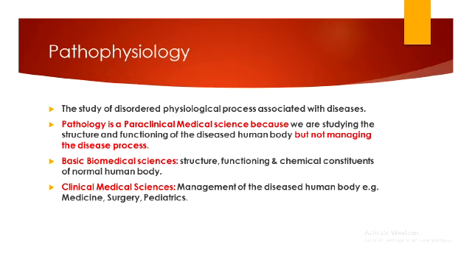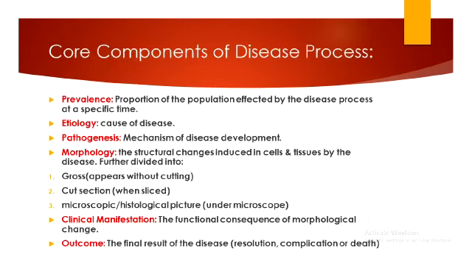The clinical medical subjects are medicine, surgery, pediatrics. However, basic medical subjects are anatomy, physiology, and biochemistry. And the abnormal anatomy and disturbed physiology and biochemistry of the human body in case of a disease is known as pathology.